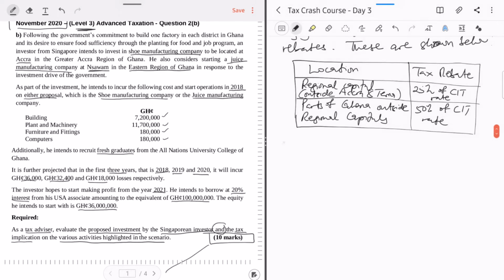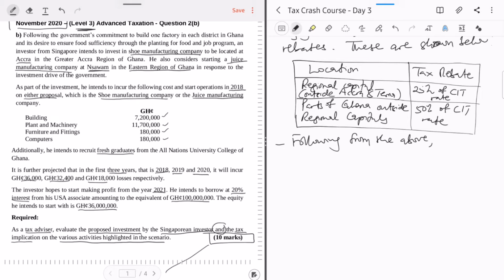So next point we'll make is that what? Following from the above, remember they told us there will be a shoe manufacturing company in Accra and a juice manufacturing company in what? In Nsawam.